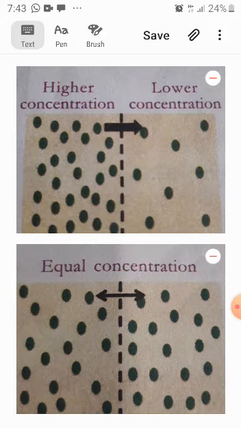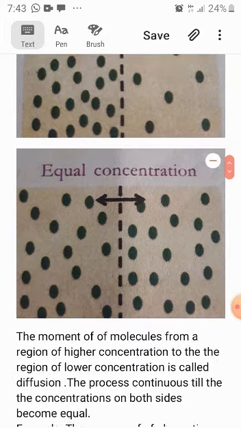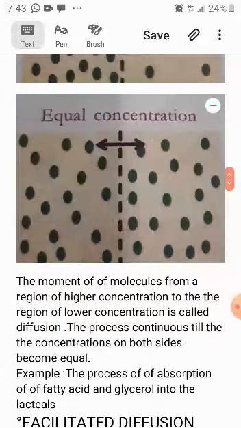The process continues till the concentration on both sides becomes equal.